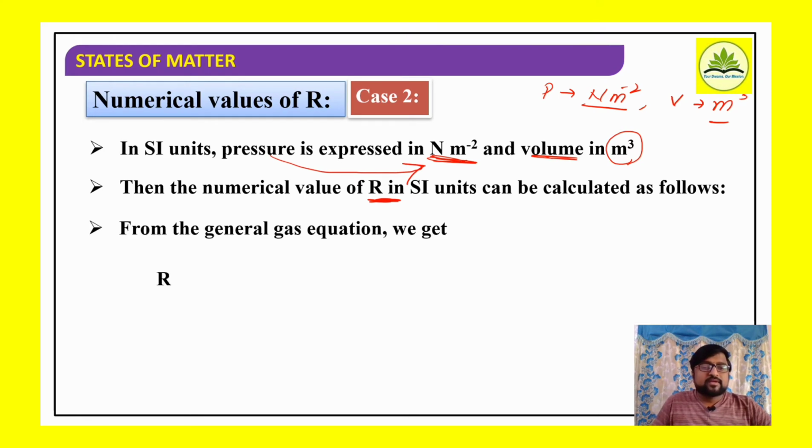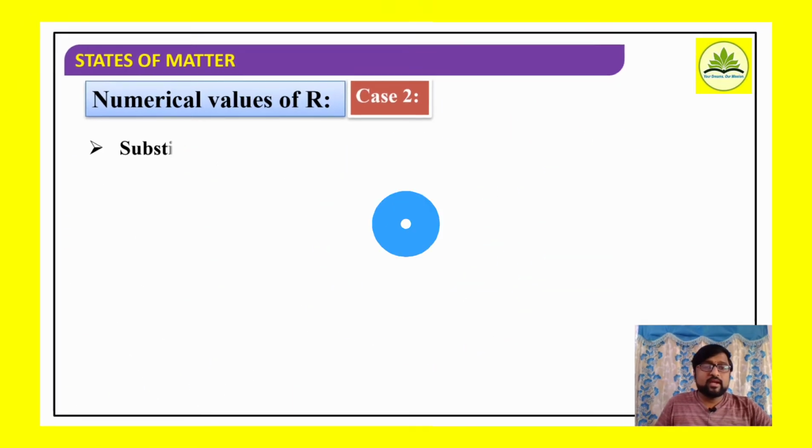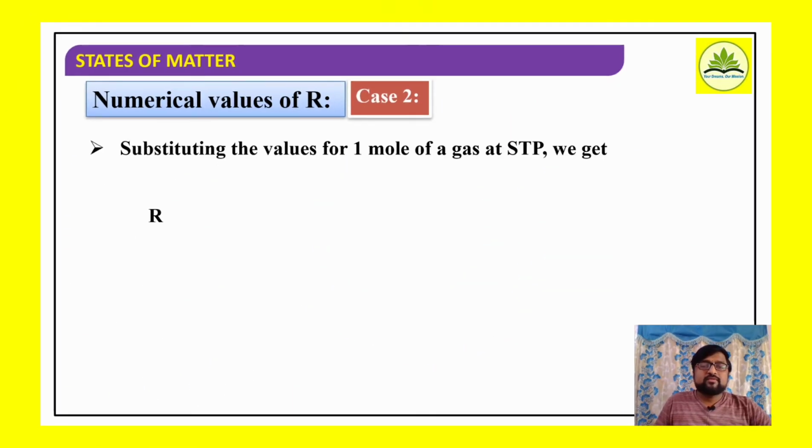For the general equation, R is equal to PV by nT. Substituting the values of 1 mole of gas at STP again. So 1 mole of gas means how much volume? We said 22.4 liters at STP.